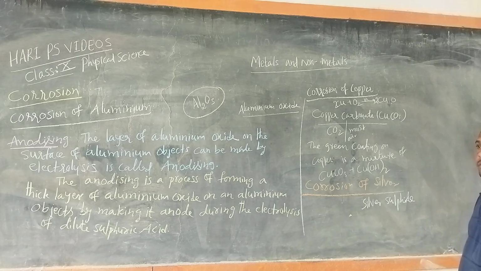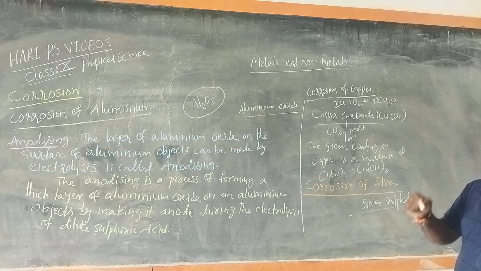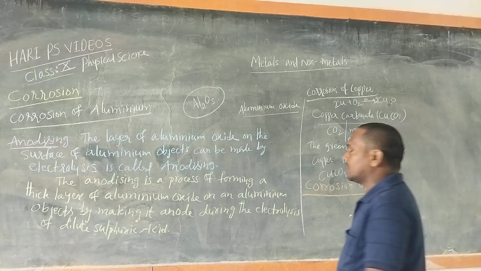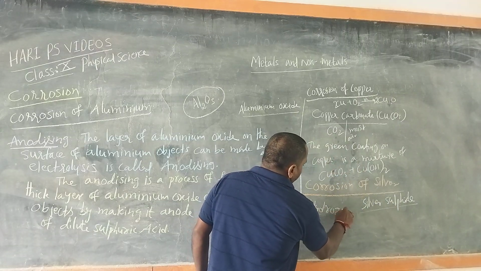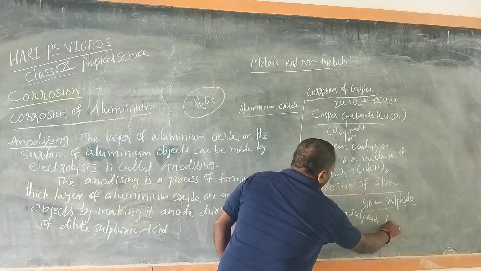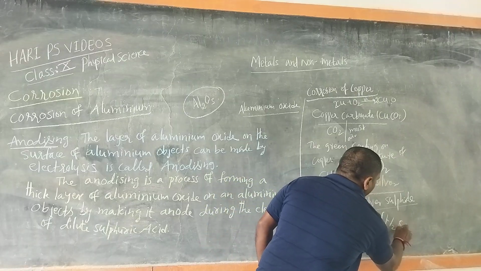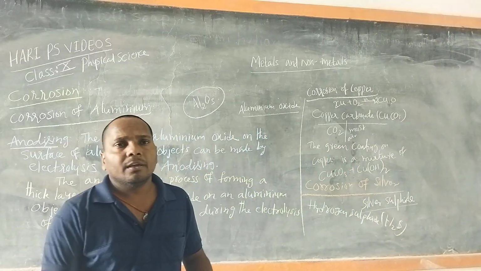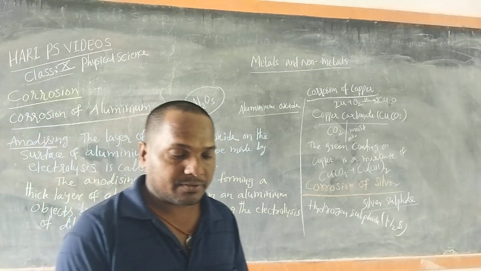The corrosion of silver forms silver sulfide when silver reacts with hydrogen sulfide present in the atmosphere.